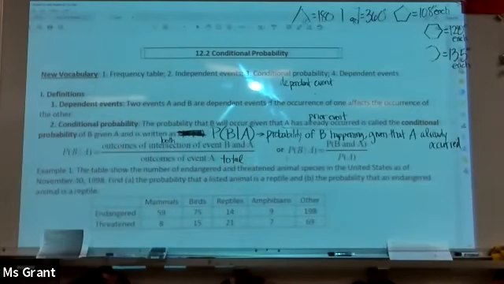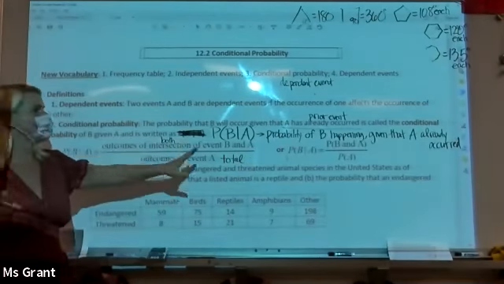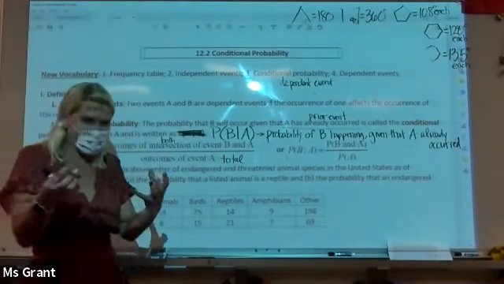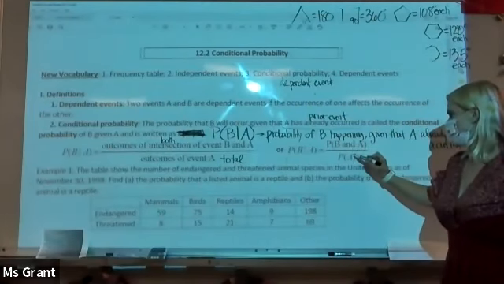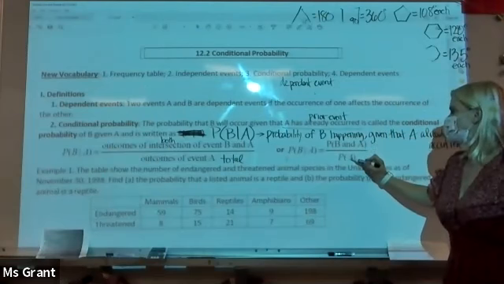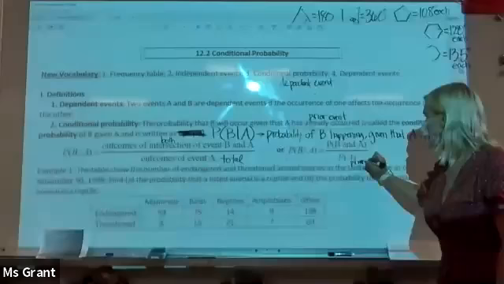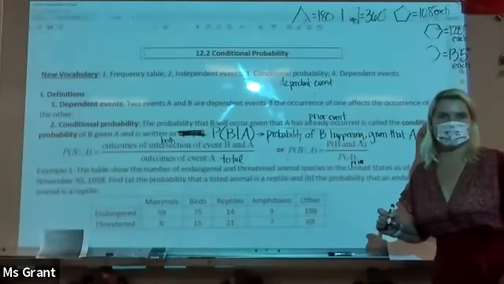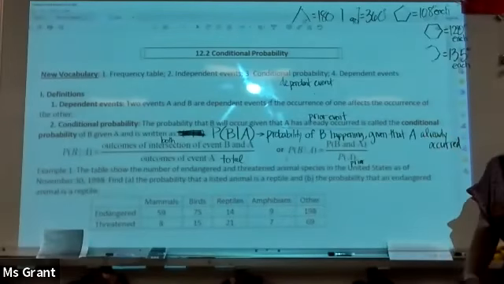We're going to be talking about all different scenarios, but for the formula, it's the probability of B and A happening together, and the probability of just A. Remember, A has to happen first. This is my prior. So A is something that happened first. I ditched school, then I got in trouble. Things like that.